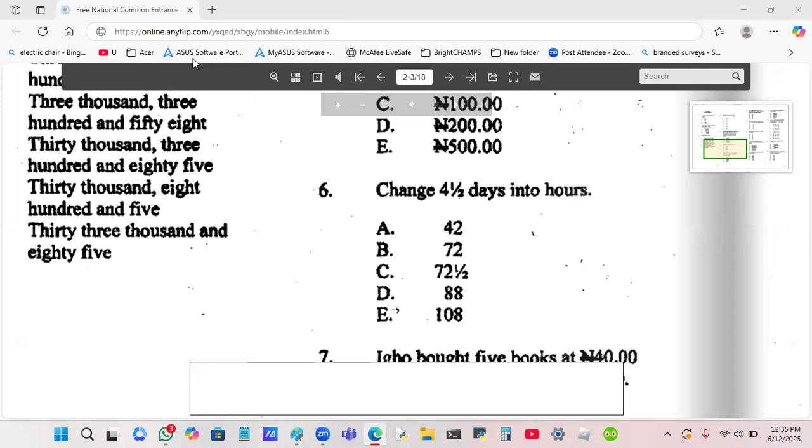Why did you say what plus what to give you 24? What plus what or what times 2? Why did you say that? Is it because of the 4.5? That's how you would have said it.